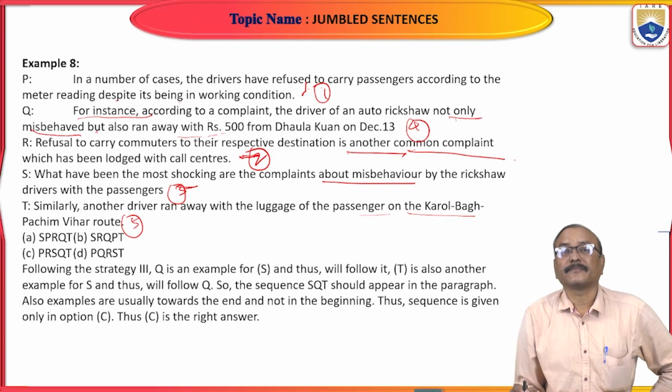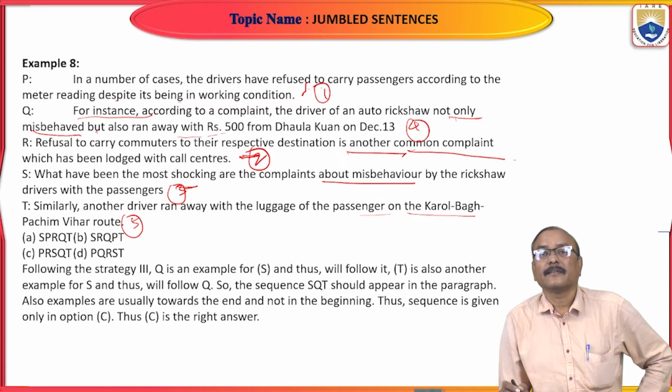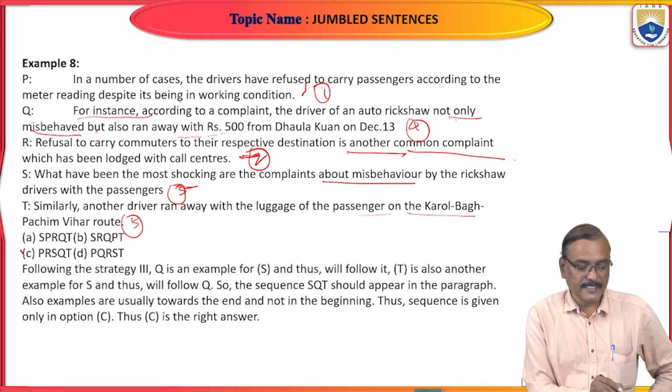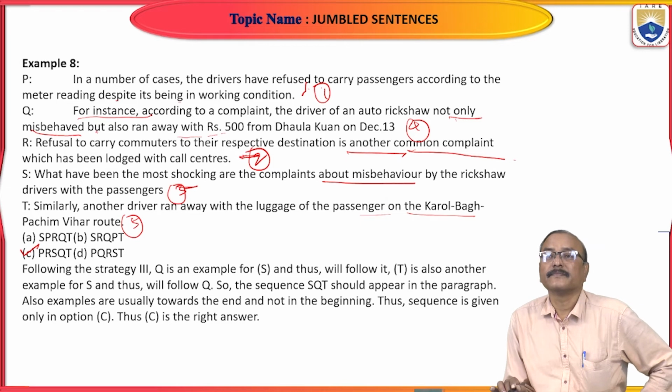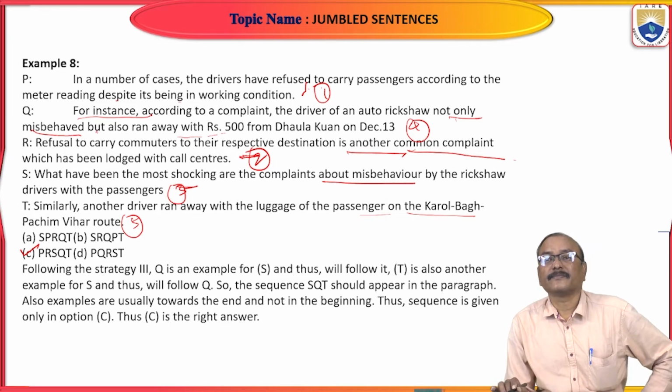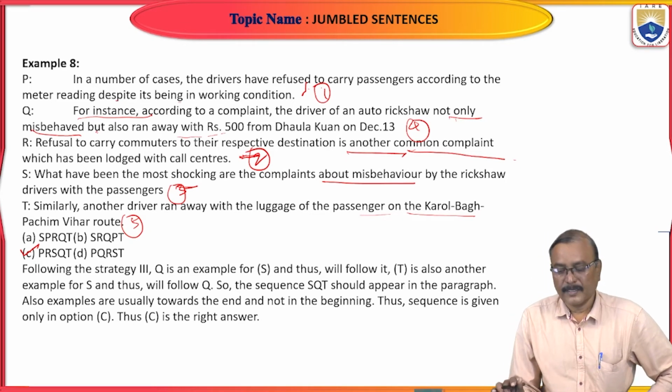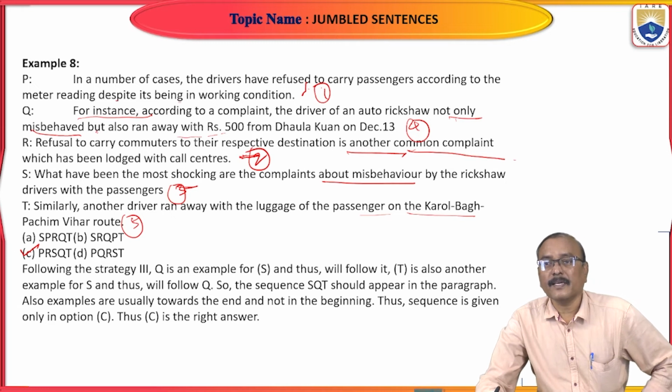First P, then R, PR, then S, Q, T. Option C is the correct one. P, R, S, Q, T. Right.